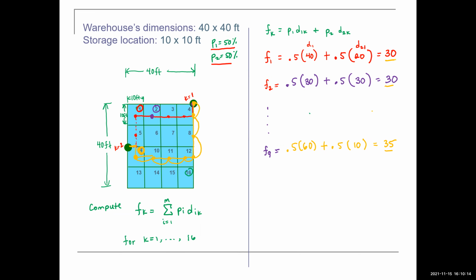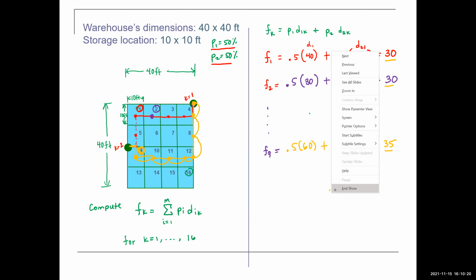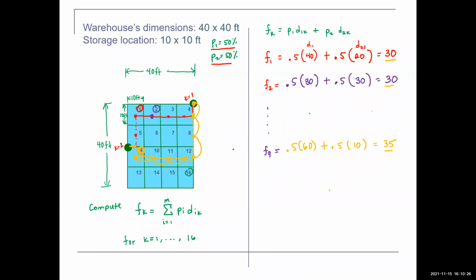And if we continue this process, I can give you a couple more. But again, for you to solve this problem, you're gonna have to look for each F value for each square. So we'll have 16 at the end. So F15 is gonna be 0.5 times 50 plus 0.5 times 40.